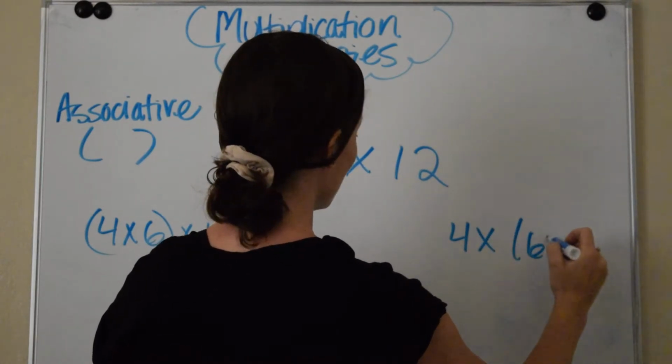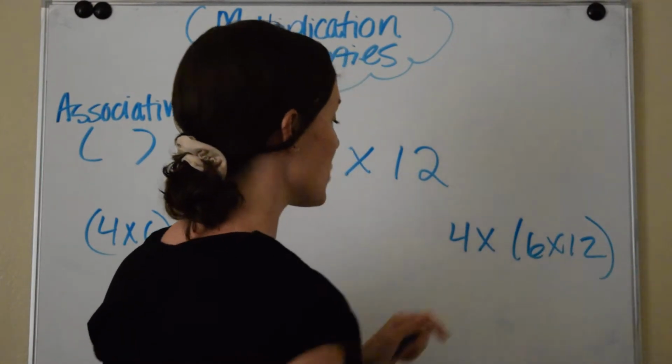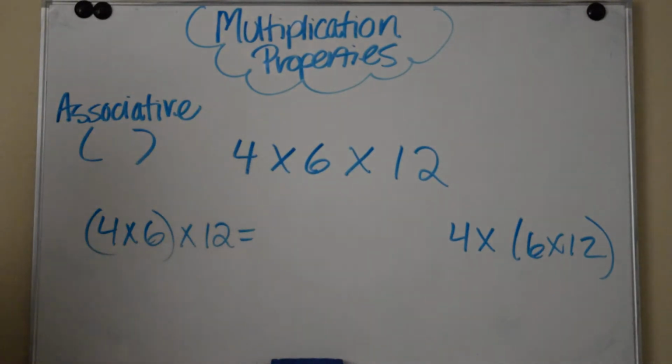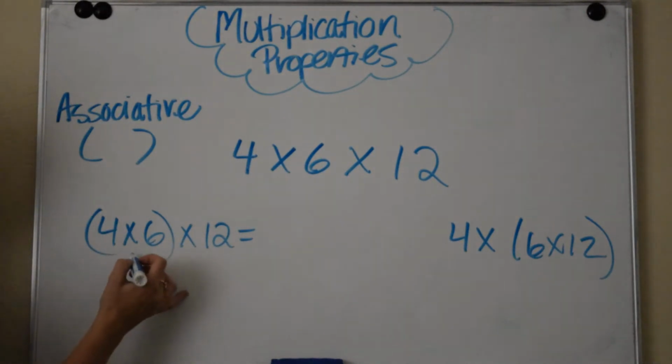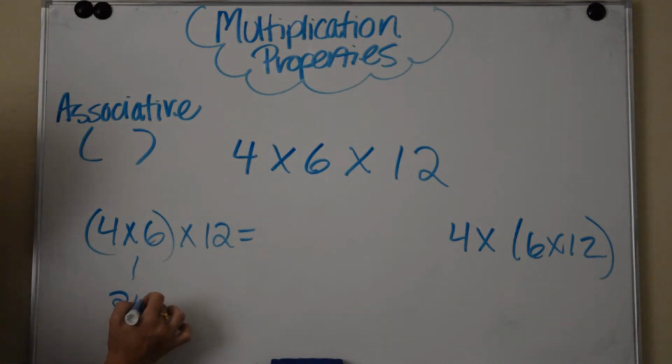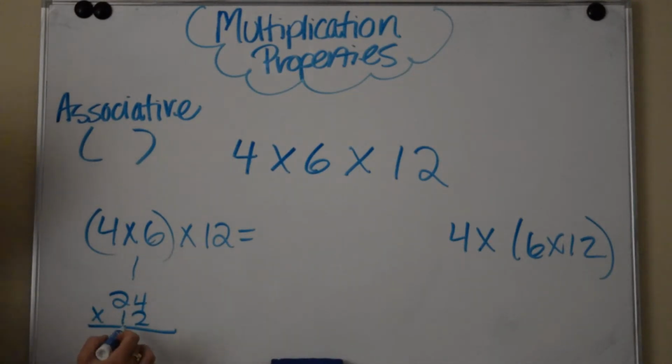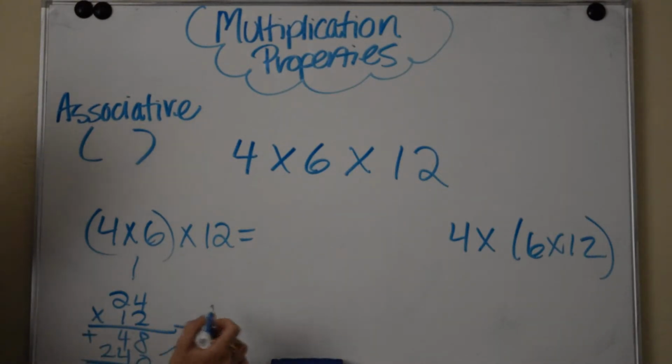According to the associative property of multiplication, I should still get the same answers. Here we go. 6 times 4 is 24, and I need to multiply that times 12, so I'm going to stack it and solve. I'm just going fast here because our lesson is not on the steps through this, so hopefully you have seen that in my other lesson. But I end up with 288 as my answer.